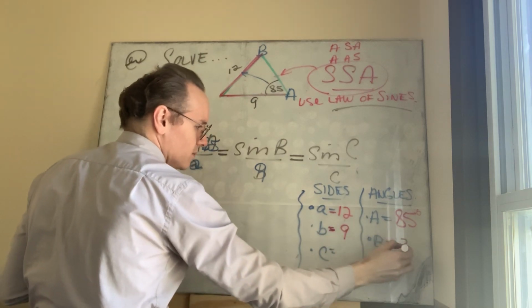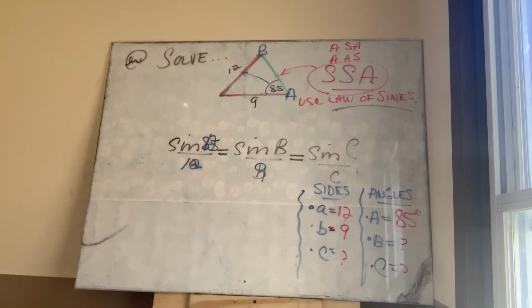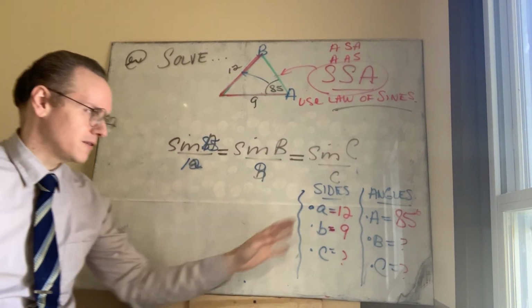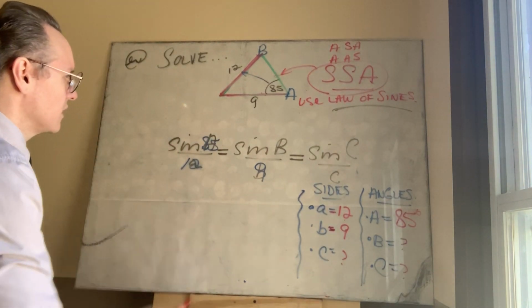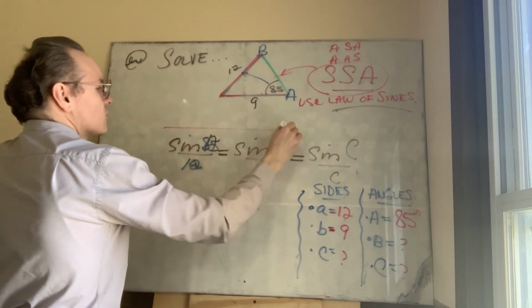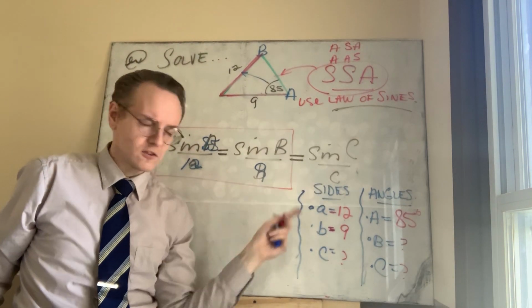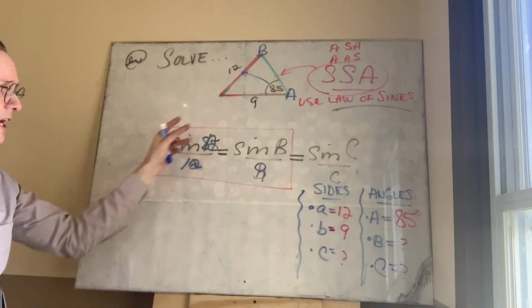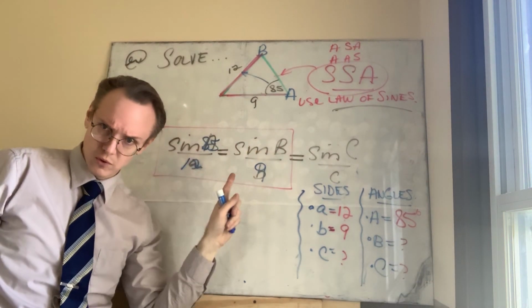Therefore, I don't know what B is yet. I don't know what C is yet, or that dimension. I do have half of the information out of the total 6 parts. And in the case of this particular chunk of law of sines, which is sufficient, I have the majority of information. I have 3 out of 4 parts, so good.